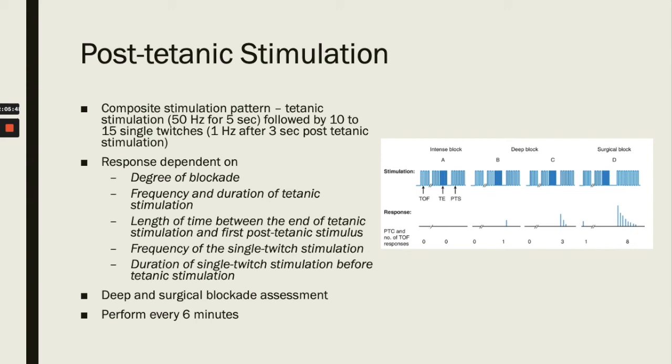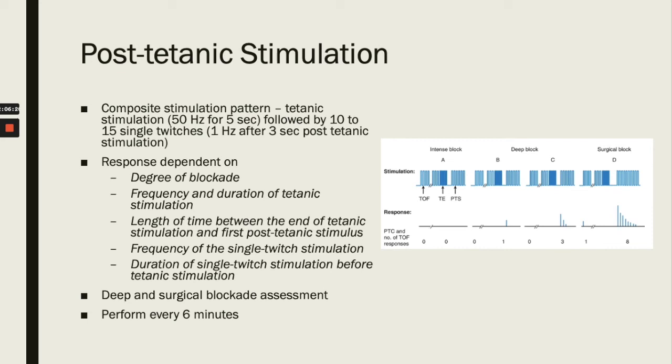And you should not perform this more than every 6 minutes, because with the post-tetanic potentiation, which is what this tetanic stimulation is based upon, you have an exaggerated release of acetylcholine that shifts the ratio of acetylcholine to neuromuscular blocking agents at the motor end plate in favor of acetylcholine. So you have a big release of acetylcholine, and that's going to give you that giant muscle contraction.